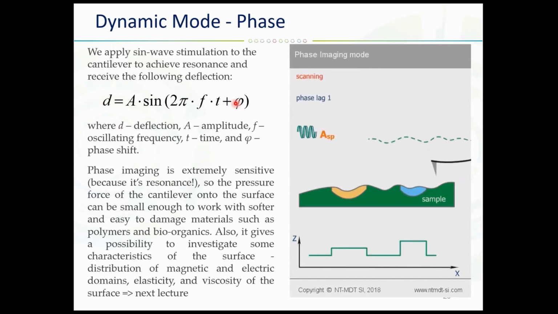It will shift to lower frequencies for attractive forces and to higher frequencies for repulsive forces. As a consequence, the phase at a fixed frequency shifts when the cantilever-sample interaction changes, for example, when the material property changes. That's what we see on the phase mode, right?